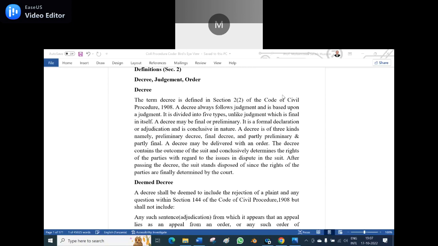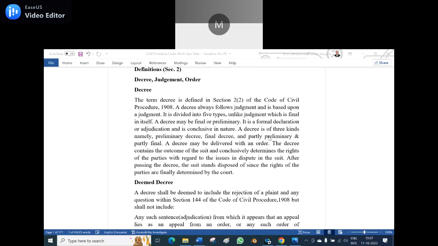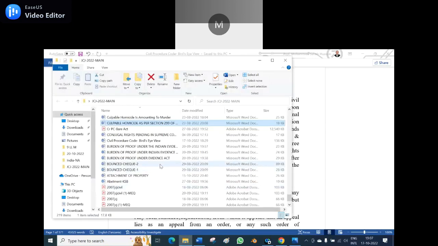So now let's see the decree, judgment, and order. I have explained this to you, but let us see it in detail. The term decree is defined in section 2, subsection. Can you say subsection 2 or clause 2? Actually, it's a clause, and generally definitions we mention as clauses.